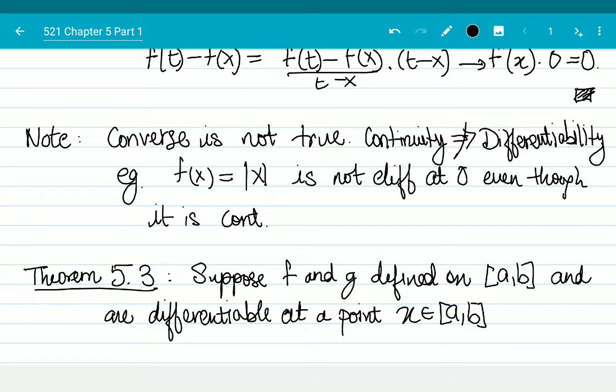I'm not asking for too much. I'm not saying in general, at least at the point x.